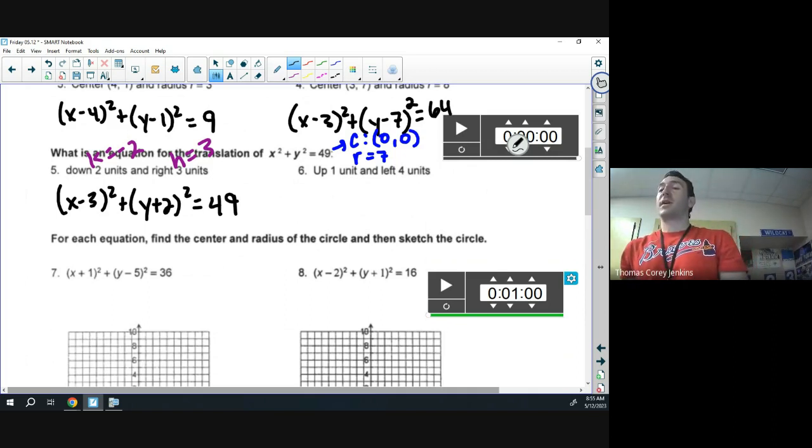Okay, why don't you try number 6, and you are starting from the original 0, 0 position, not just where we moved to. So starting from scratch, move it up 1 and left 4. I'll put it up in about 10 seconds.